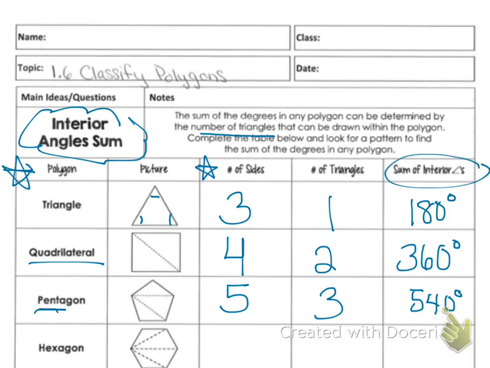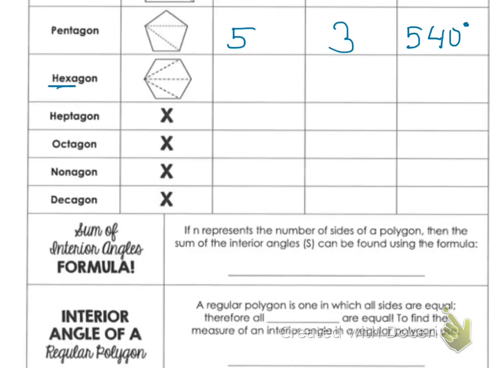All right, so let me keep going. Hexagon, hexa, means 6. All right, so it has 6 sides. And that means it can be split into 4 triangles, and that means that it's 720 degrees on the interior angles. Hepta means 7. All right, I do not have a diagram for these, but it has 7 sides, so it could be split into 5 triangles.